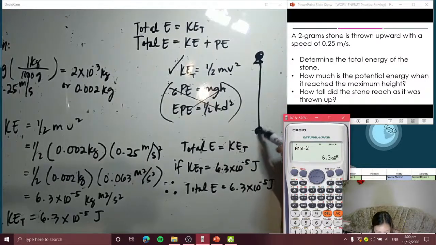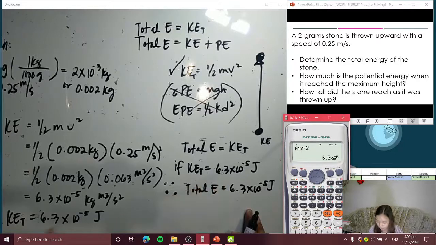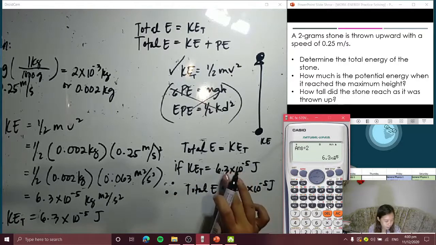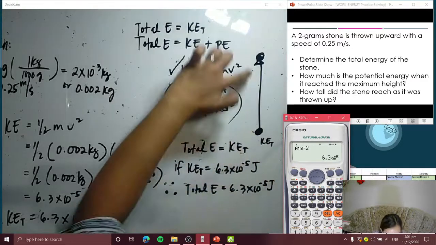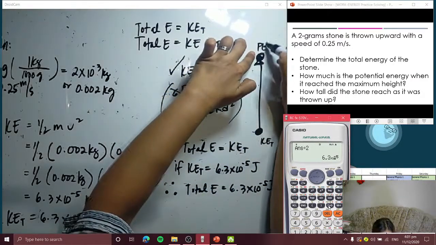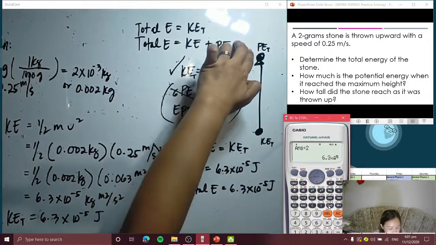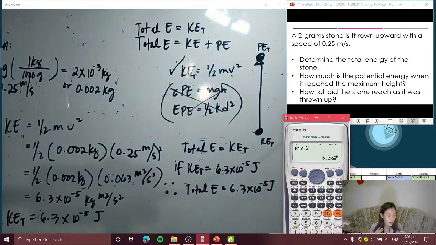So ang iya nga KE total is equal to 6.3. Now the question is, pila ang iya nga potential energy sang na-reach ang maximum height? So na-reach ang maximum height. So di ba hambali miss, basta gani maximum height meaning PE total na da siya ang ginahatag sa aton.